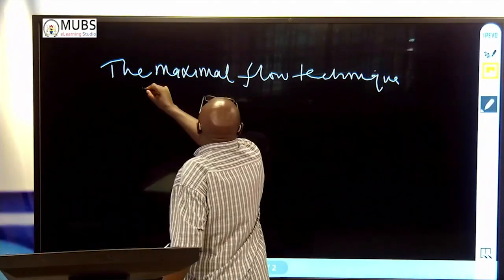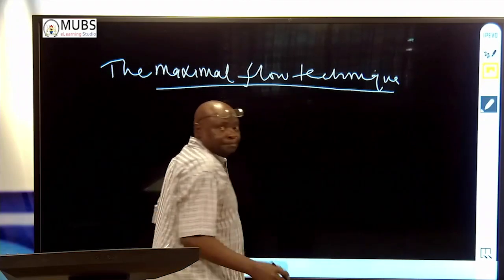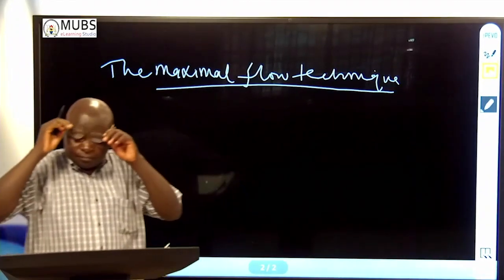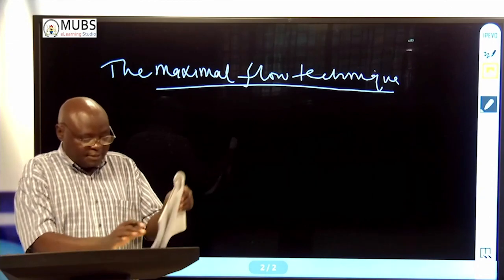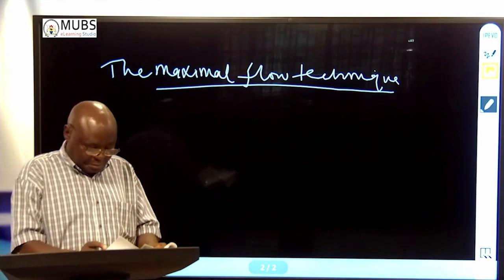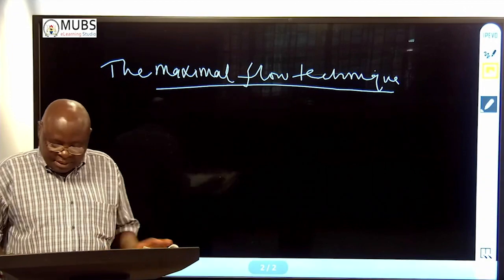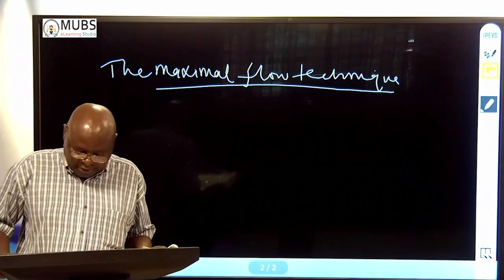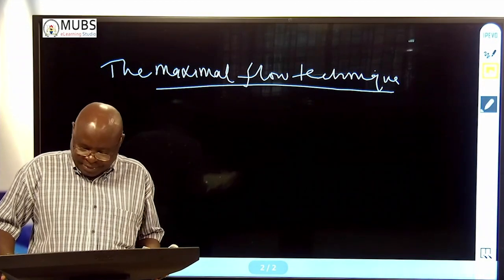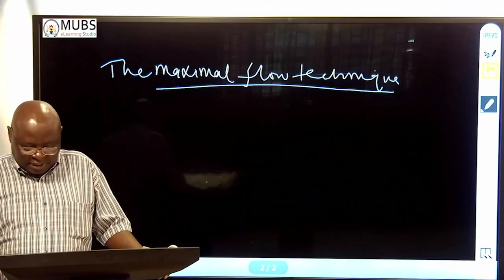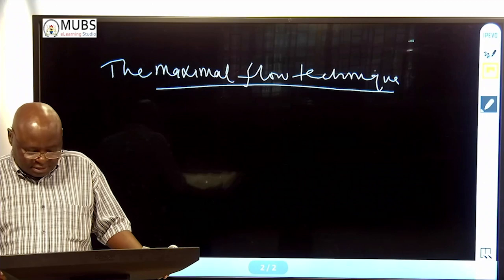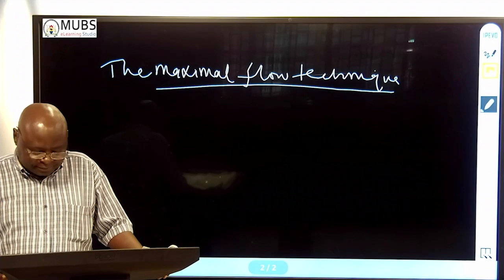You can write and say, this determines the maximum flow of any quantity or substance, material or items through a network.